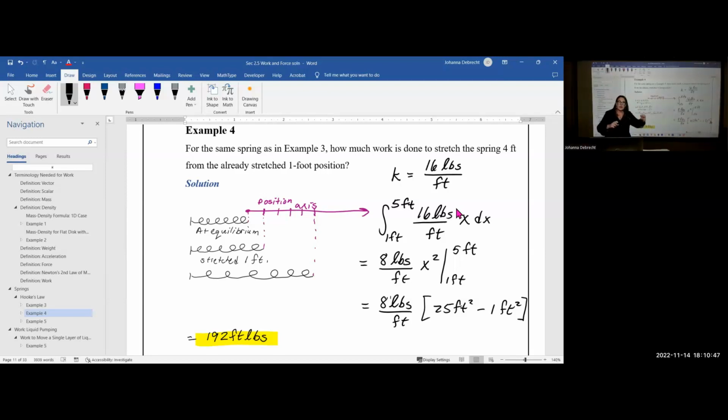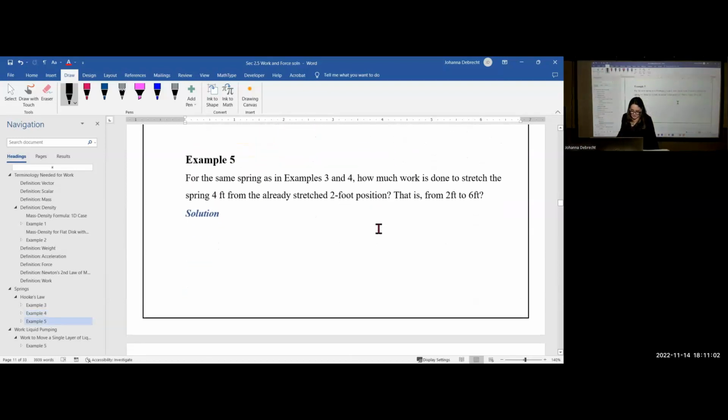So now think about, it's already stretched and you're going to have to stretch it more. Is that going to take more force or the same amount of force because the distance is the same? So think about it logically, and we're going to work it out mathematically. So we have exactly the same spring that we had before. And what we're going to look at now is we're going to go from 2 feet to 6 feet.